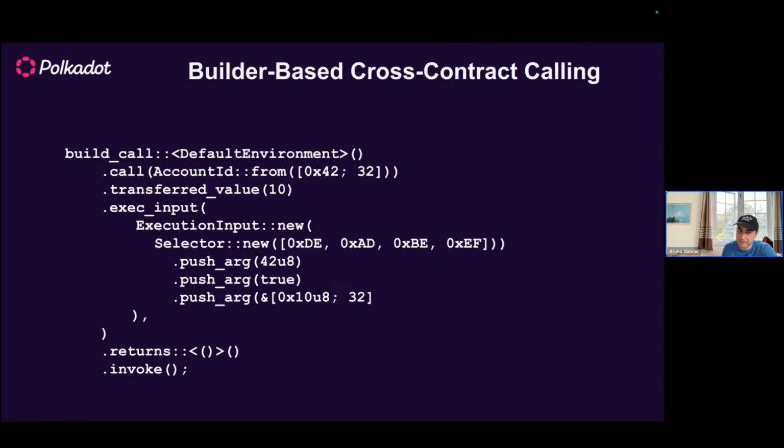So that's pretty cool. All we have to do there is include the account ID of a contract that's on chain. And then we specify the selector, whichever message we want to call on the contract. We can include arguments. So we build that call and we execute it. So that's a pretty cool method if you want to do cross-contract calls against any smart contract on chain.